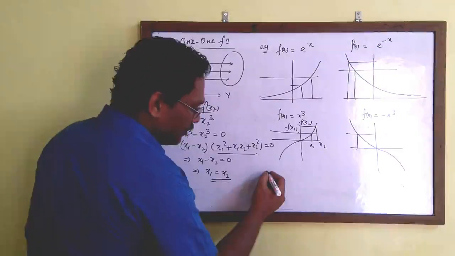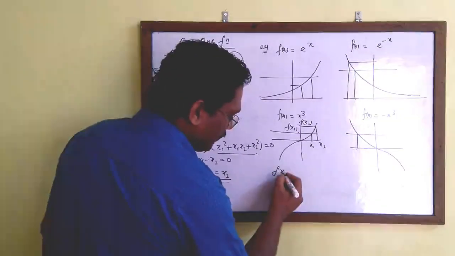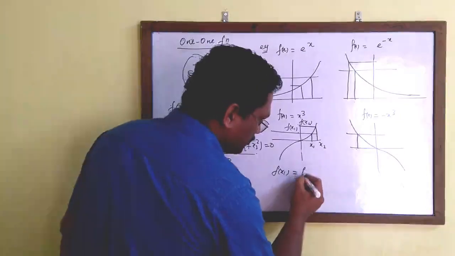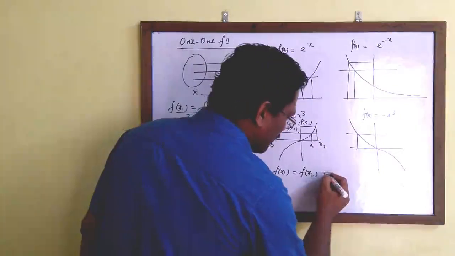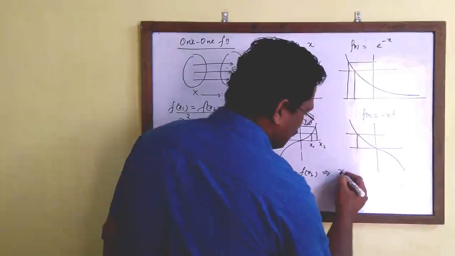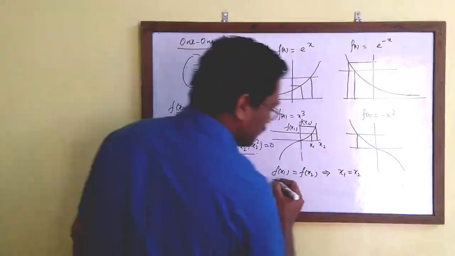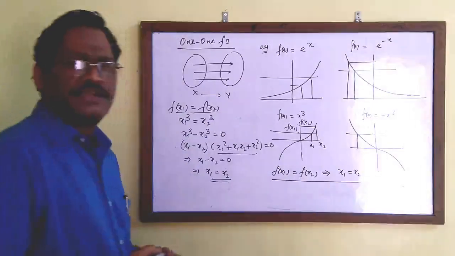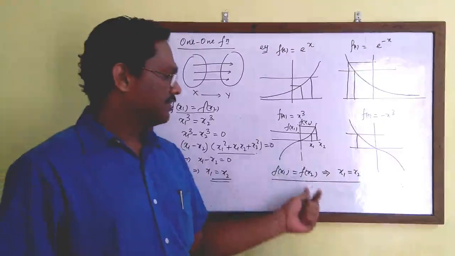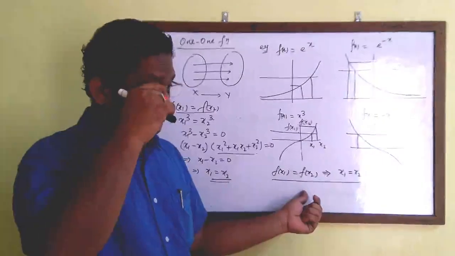So the second method of identification is f of x1 equal to f of x2. If this gives you the conclusion that x1 is equal to x2, then also I can say this function is a 1-1 function.